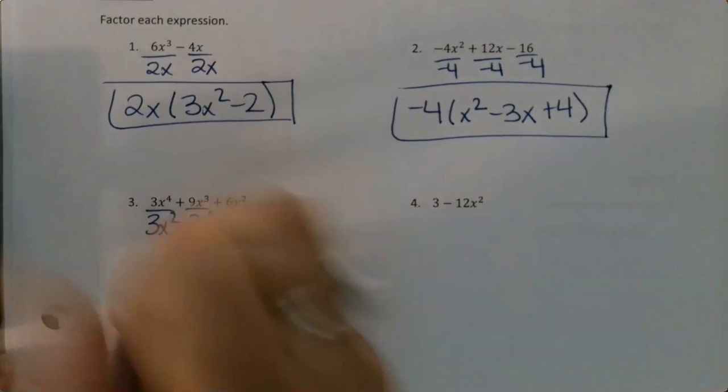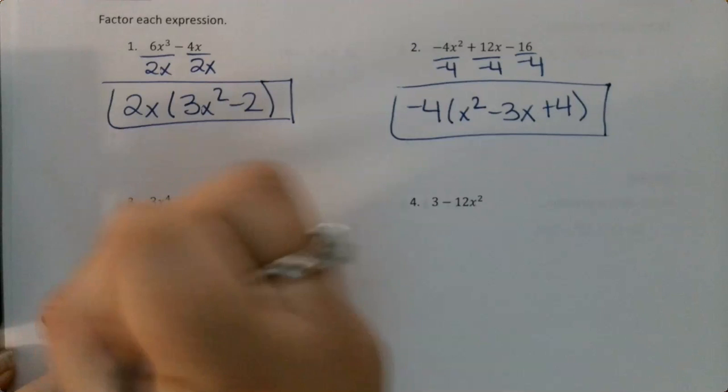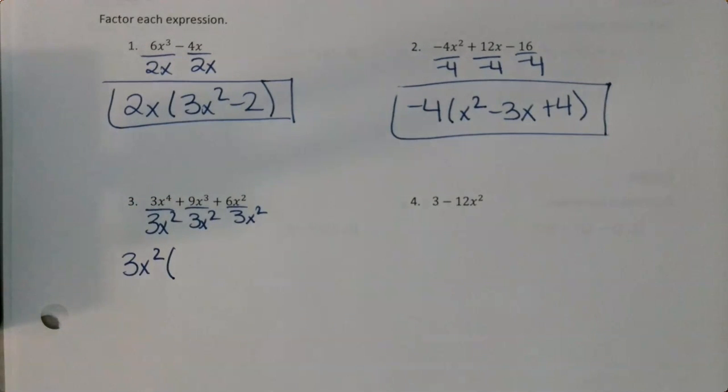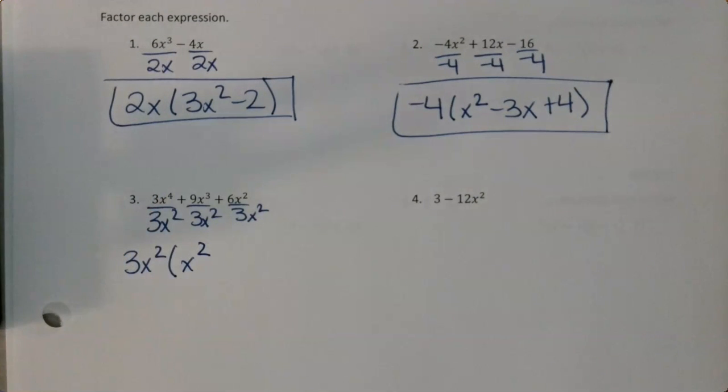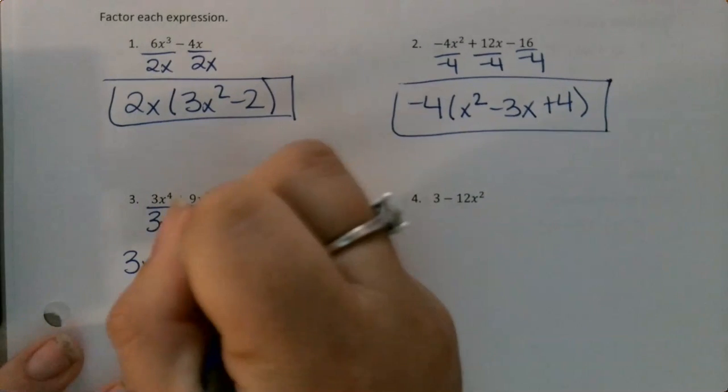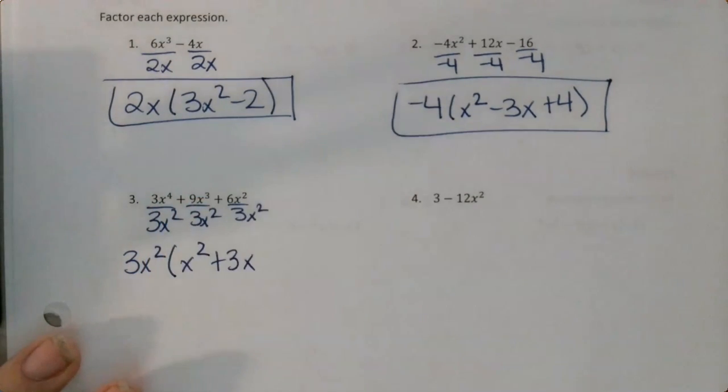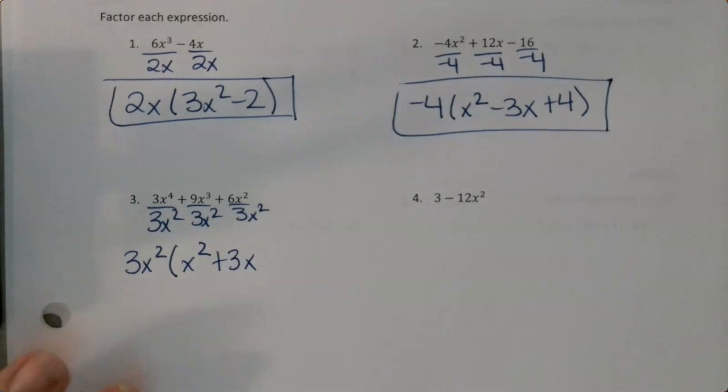Okay, so I'm going to write that 3x squared out front. 3x to the 4th divided by 3x squared. 9x cubed divided by 3x squared. And 6x squared divided by 3x squared.